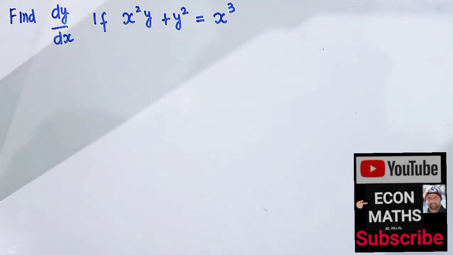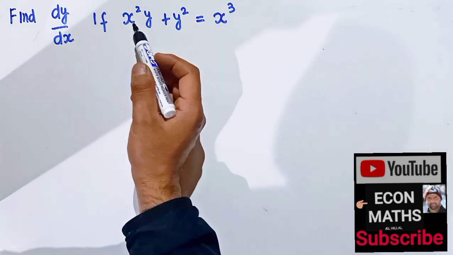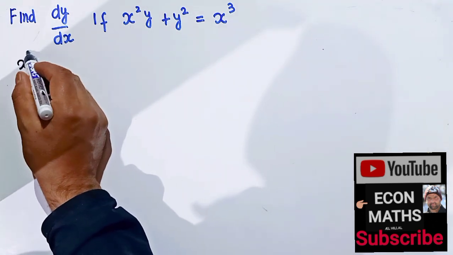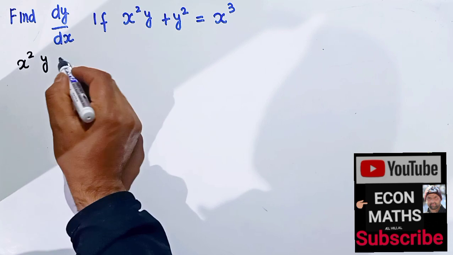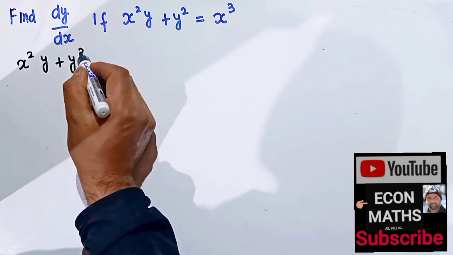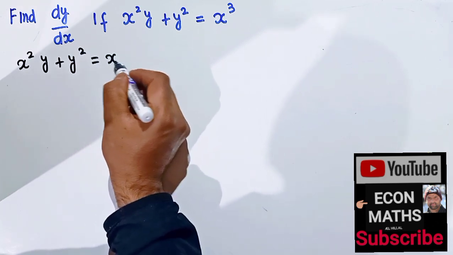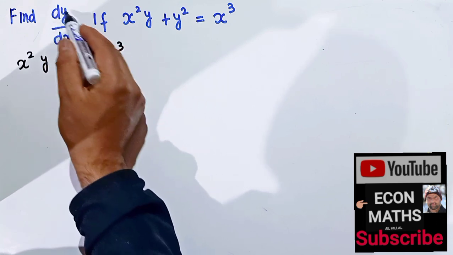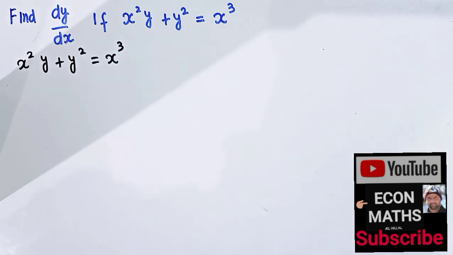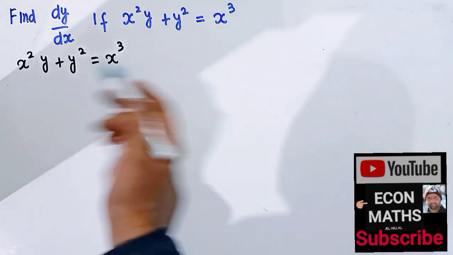Okay, so what will we do? We are being given x square y plus y square is equal to x cube, and we have to find this very derivative dy upon dx. First thing is, we differentiate both sides by x.